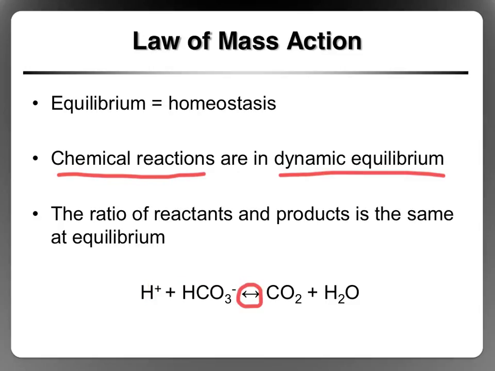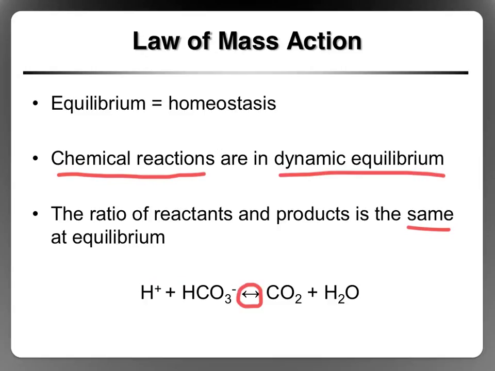The body's goal is to keep the ratio of the reactants and the products, so basically the ratio of both sides of the arrow, the same. So if something happens to one side, that is going to affect the equilibrium and cause a shift in order to regain equilibrium.